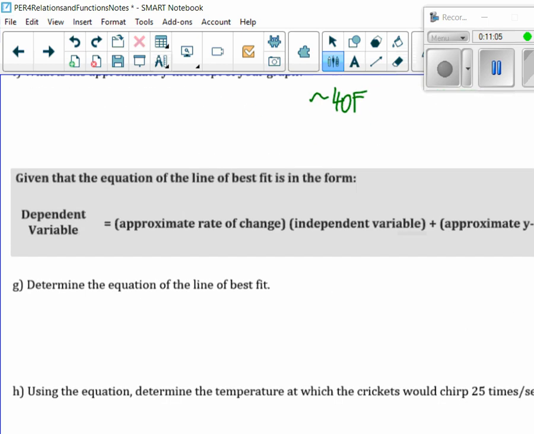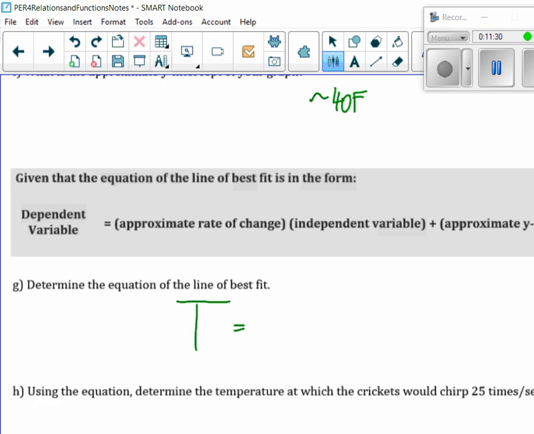Okay, so given that the equation of best fit is in the form the approximate rate of change times the independent variable plus the approximate Y-intercept, we're going to come up with this. Our dependent variable was the temperature. So which variable do you want to call that? T for temperature.